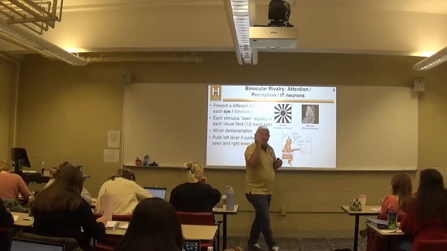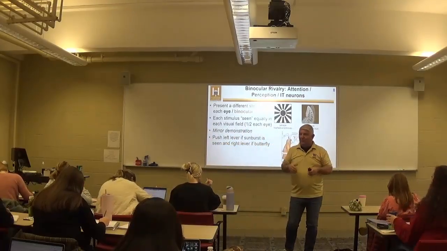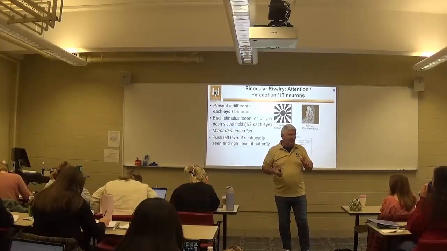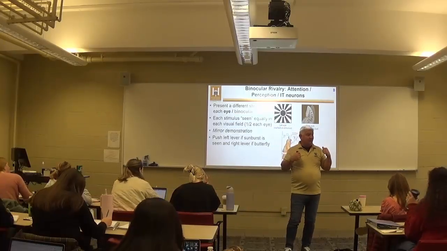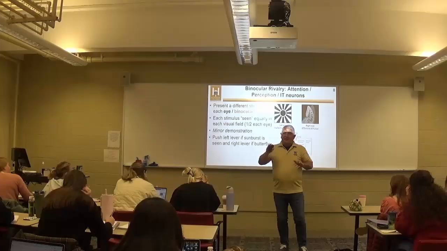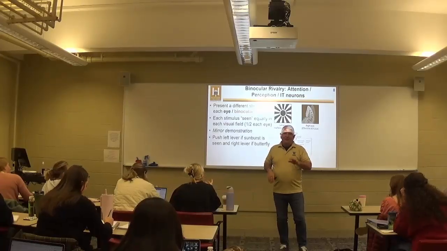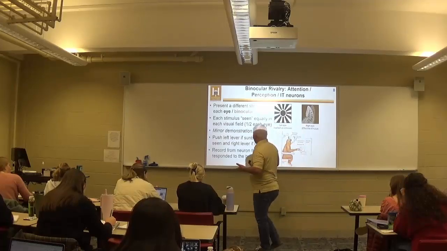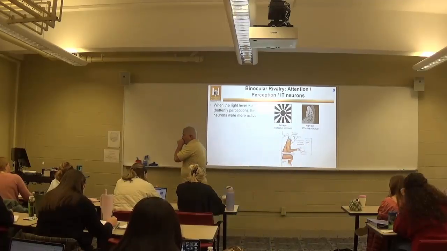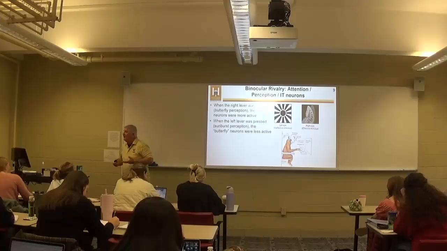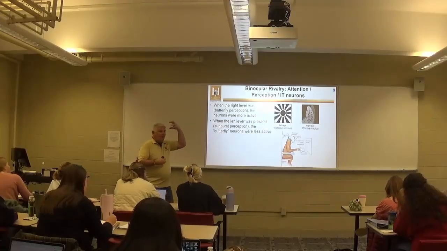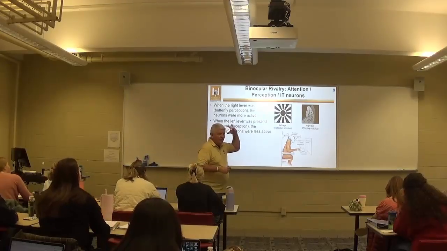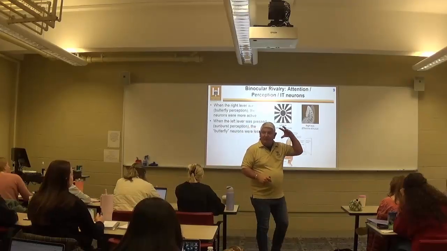So just like your brain was flip-flopping back and forth between what you were seeing in the mirror and what you were seeing in front of you, same thing's happening for this monkey. And he's going, starburst, oh no, now I see the butterfly. Okay, no, now I see the starburst. And what they're able to do is then correlate that with the activity of that IT, inferior temporal neuron, that responds to seeing the butterfly.